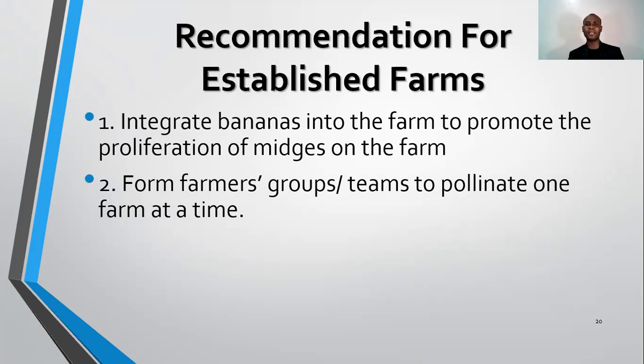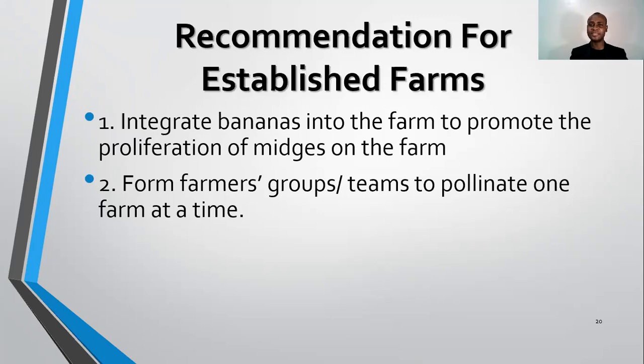Usually in cocoa areas, you can have cooperatives or just farmers groups. What you can do is work on one farm at a time. Maybe you have 10 people in a farmers group. You decide, okay, the next 3 days, we are going to pollinate this person's farm.